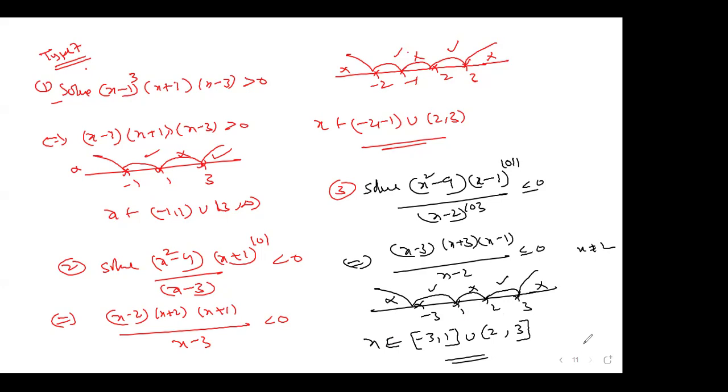Okay? Now the last question, you see this. Type 8. If they are given together, like this, right?